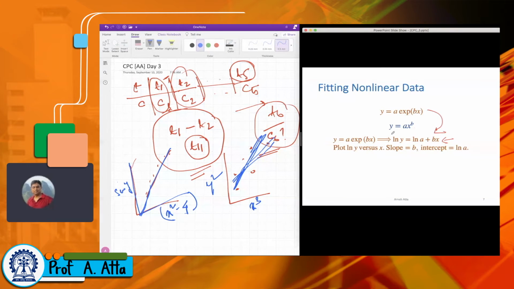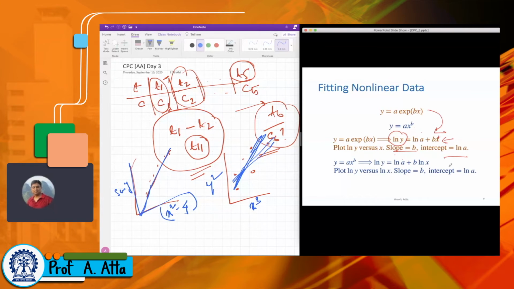If this is y and this is x, it gives us a slope of b with the intercept of ln a.